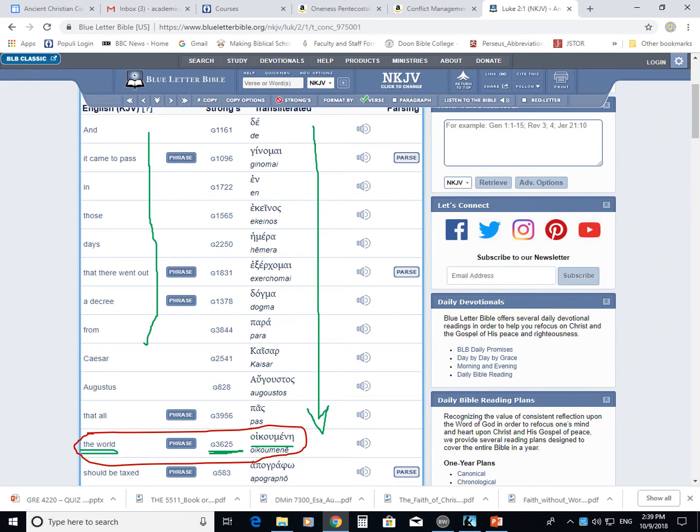Now, after that, we obviously need to find out what is the translation of the word. And you can see that here we find the concordance number.